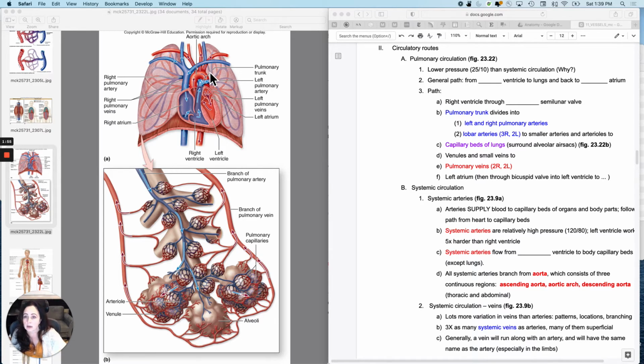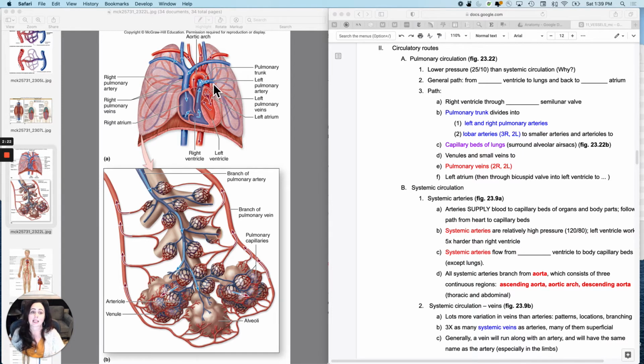Whereas if I looked at one of these arteries right here that's going to the lungs, the pressure in a pulmonary artery would be around 25 over 10. So the pressure right after the ventricle contracts, coming from the right ventricle, would be around 25 millimeters of mercury, and then right before the next contraction would be about 10.